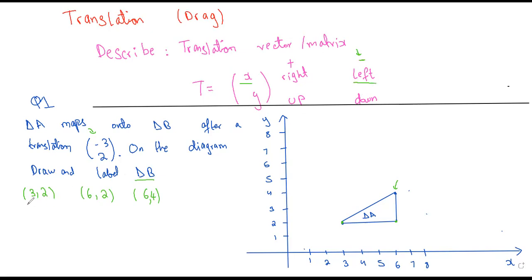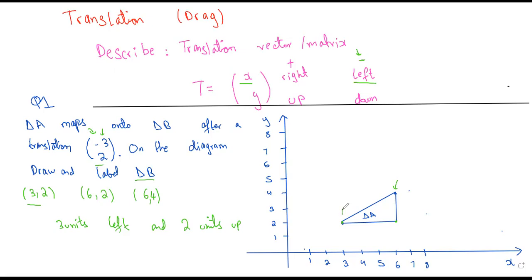So it is 3, 2, and it is -3 and 2. So every point would move 3 units left and 2 units up. This is the idea about it. 3 units left and 2 units up.